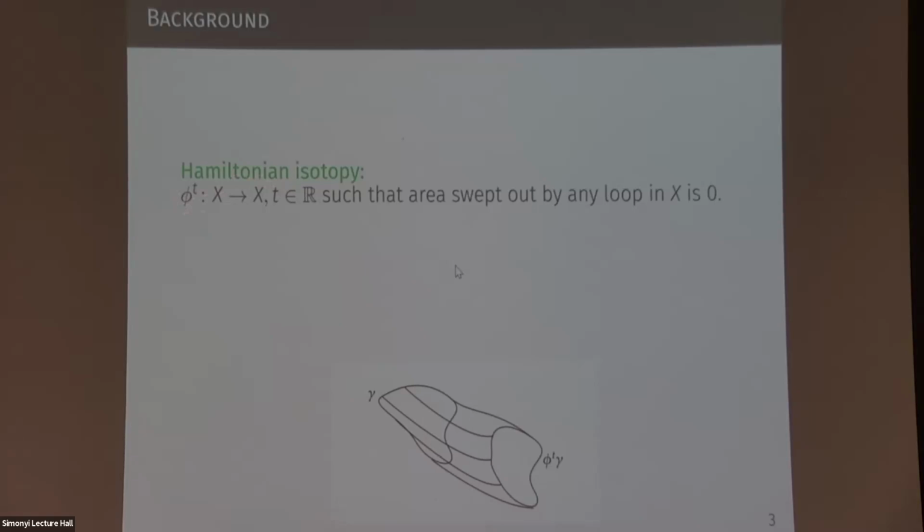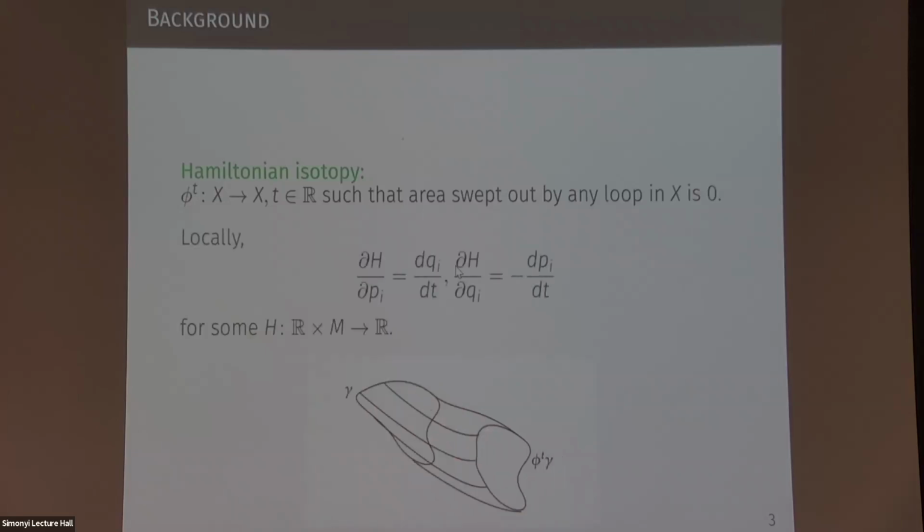And one geometric way to characterize Hamiltonian flows is the following property: whenever you pick a loop and you let the loop flow along the Hamiltonian flow, the area that's swept out by the loop is zero. So the area is the area computed with respect to the symplectic form. Remember, the symplectic form is a two form, so it allows you to integrate on this two-dimensional thing swept by the loop.